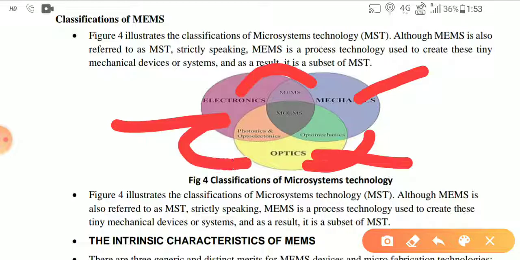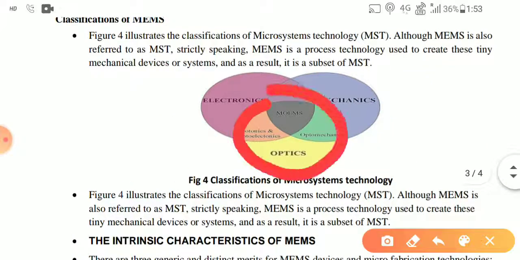Electrical and optics components combined make photonics and optoelectronics, and combining all three components makes a device called MOEMS, that means micro opto electromechanical system.